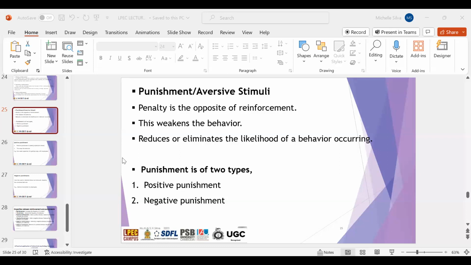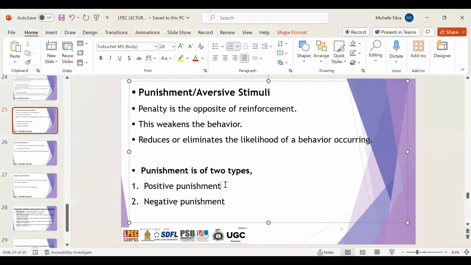So when we are talking about positive punishment, simply, in order to discourage your behavior, it's like adding stimuli which you dislike. So you can write down for positive punishment: adding stimuli which you don't like.